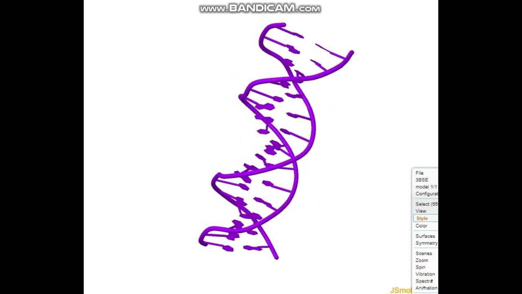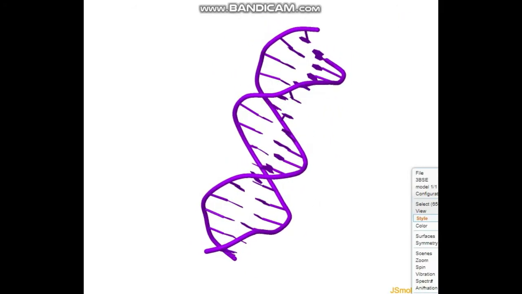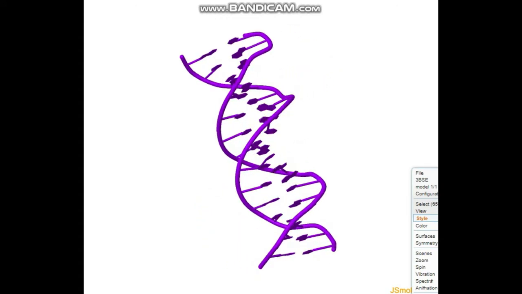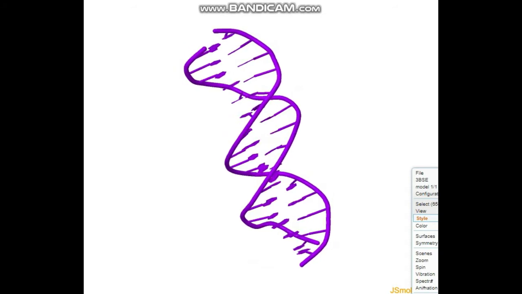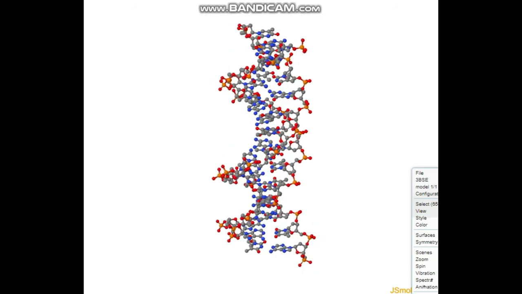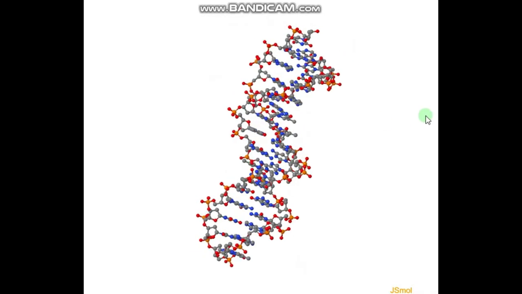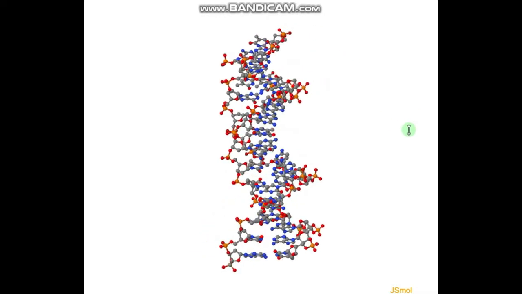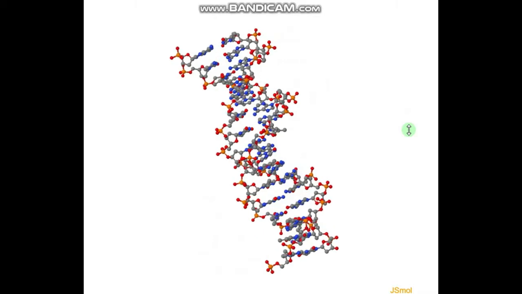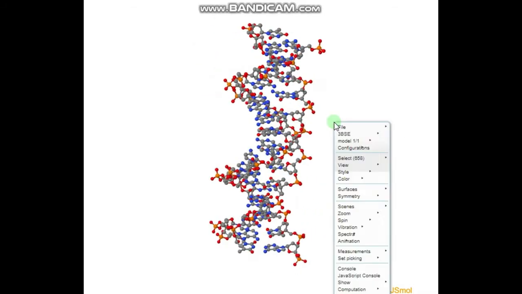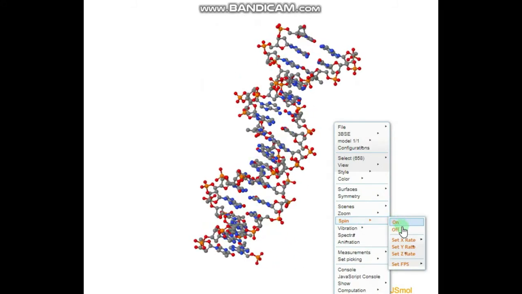Now, when you look at this kind of representation of the DNA structure, or indeed if you look at the familiar ball and stick representation, you get the impression that the base pairs are floating around in the middle of the structure with big gaps in between them, which you can see if we stop this spinning round for the moment.